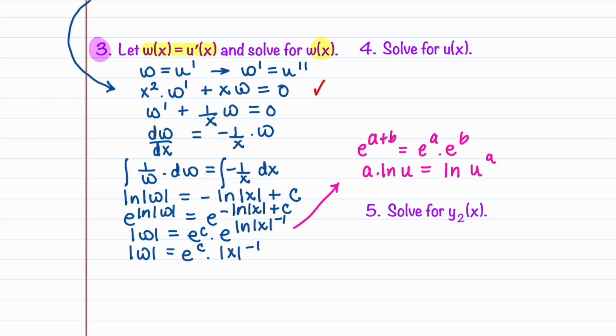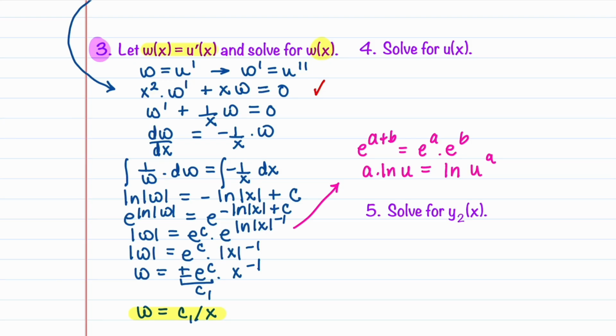Let's get rid of the absolute values and put in a plus minus instead. So we can say that w is plus or minus e to the c times x to the minus 1. Now let's let this complicated constant just be c1. So we get that w is equal to c1 all divided by x. So we did it. We solved for w.